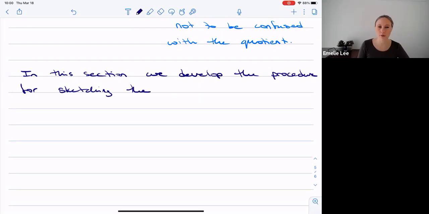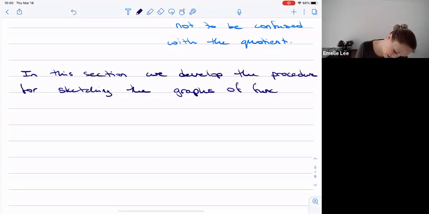We're not drawing it perfectly, but we are sketching it, getting a good idea of how this thing behaves. And that's going to be really useful later on, right? Especially in calculus when you need to know the behavior of functions, right? So if we can tackle these big ones, then that's great.